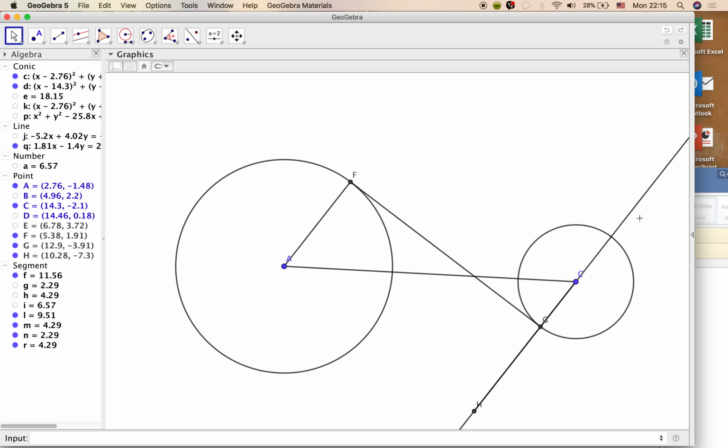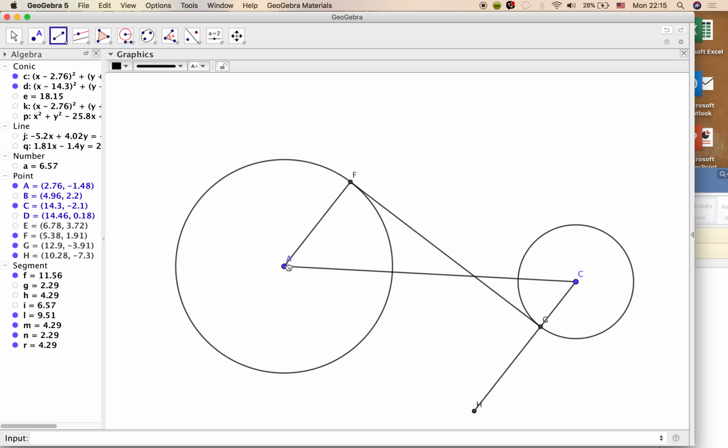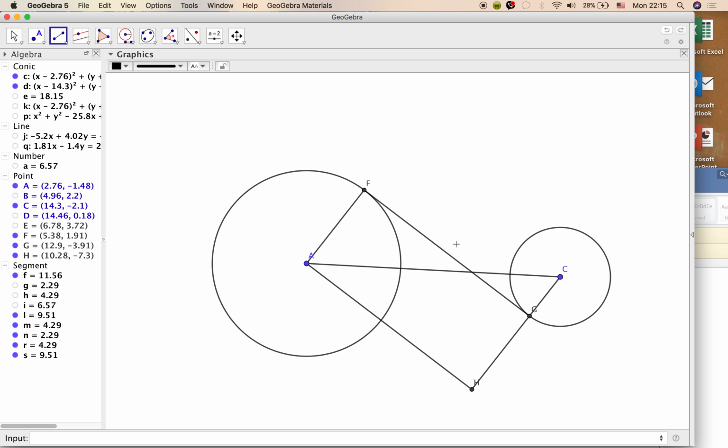Then we can hide what we don't need and join points A and H. Now we have rectangle AFGH, and because it's a rectangle, that means we have a right angle here. So we can therefore use the Pythagorean theorem on triangle ACH.